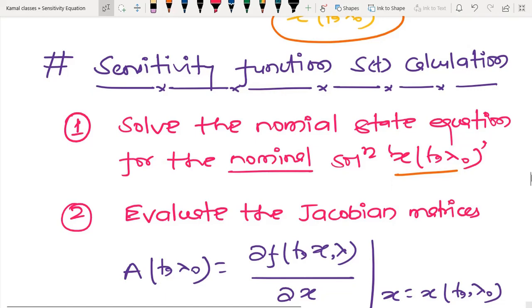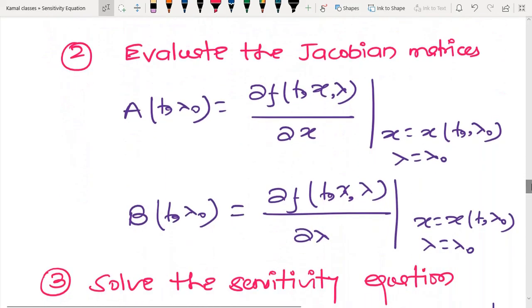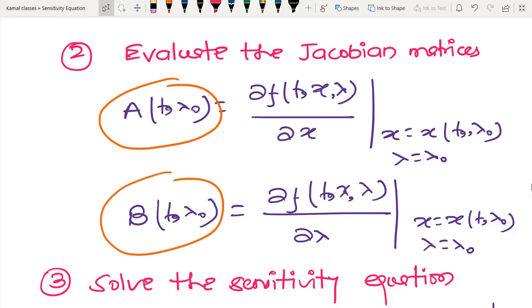After calculating the solution, you obviously have to generate the sensitivity differential equation. For that you need the terms A at lambda 0 and B at lambda 0. How can one get them? I know the vector field, so I differentiate the vector field with respect to x, and after that I substitute lambda equal to lambda 0 and x equal to x(t, lambda 0).